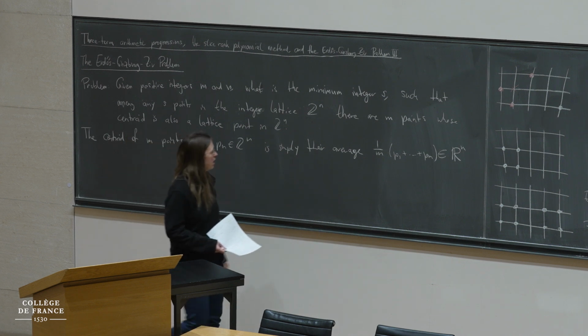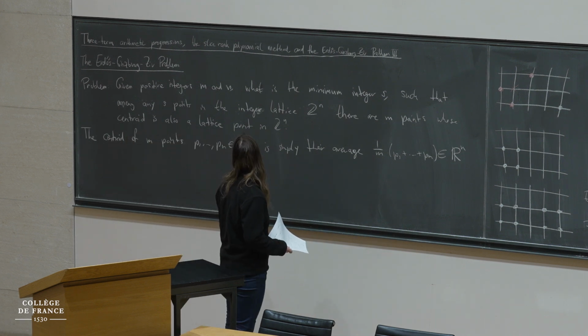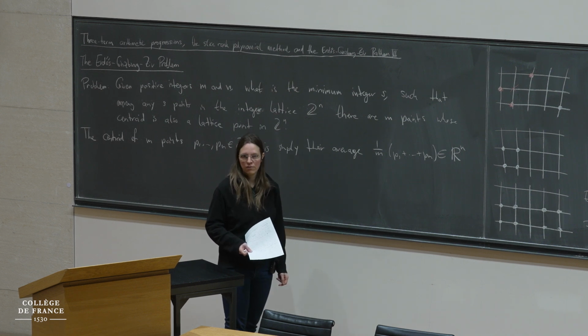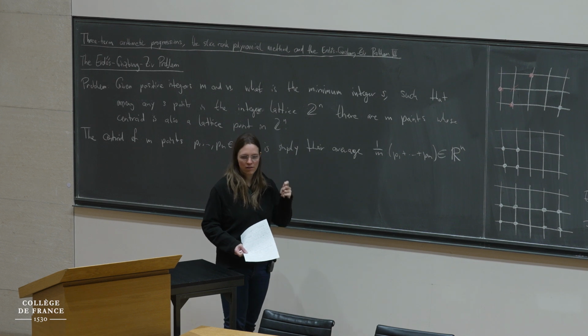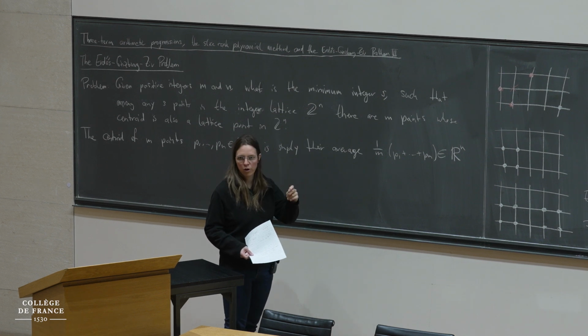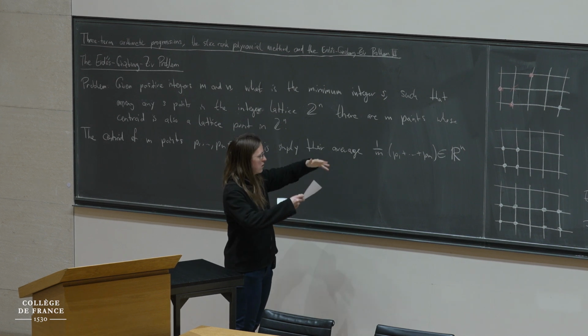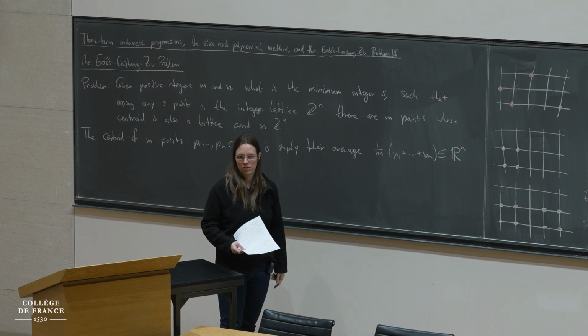And so now, if we have sufficiently many points, namely at least m to the n plus 1, so that means m times m to the n, then we'll be able to find m many points which all look identical if you look at the coordinates only mod m.